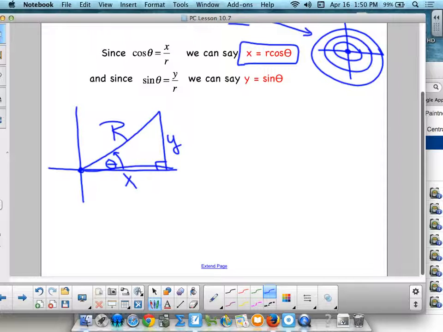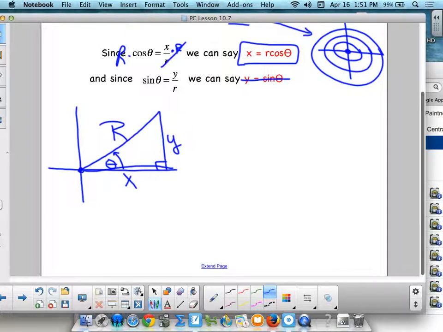How come? How come I can say this is really this? Because you just times it by r on both sides. Cross out the r, times it by r. Yeah, x equals r times cosine of theta. That's it. Well, then they say, well, remember in chapter 4 when you said sine of theta is just y over r? So then we can say that y equals what?